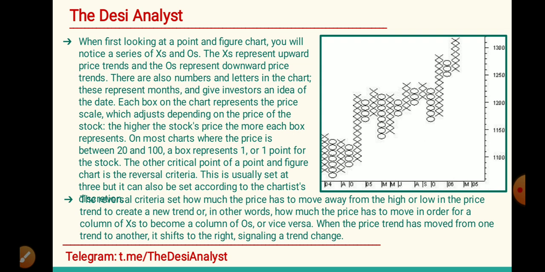The reversal criteria set how much the price has to move away from the high or low in the price trend to create a new trend, or in other words, how much the price has to move in order for a column of X's to become a column of O's, or vice versa. When the price trend has moved from one trend to another, it shifts to the right, signaling a trend change.